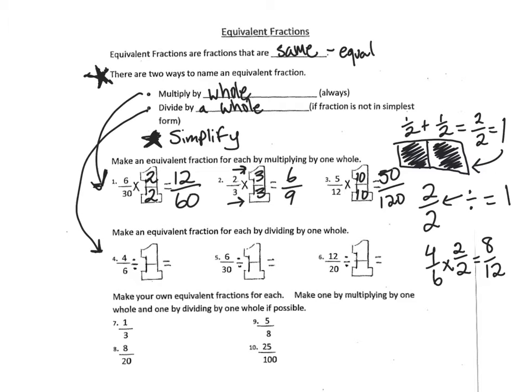Okay, let's look at question number 4. So here's the difference between multiplying and simplifying. When you simplify, you have to be very specific, meaning you have to pick a number that goes into both the numerator and denominator. When you multiply, your options are endless.